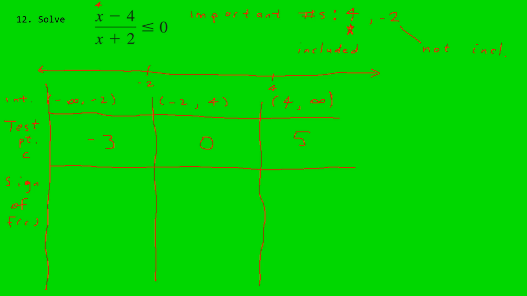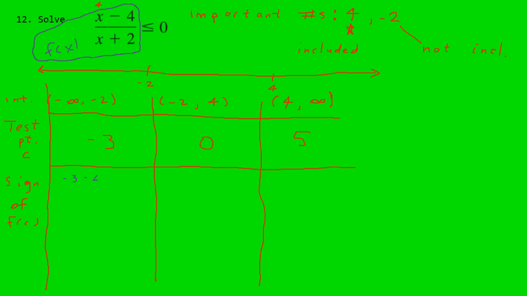How about -3, 0, and 5? F, of course, is this function that we were given, the left-hand side of the equation. All of this stuff here is f of x.